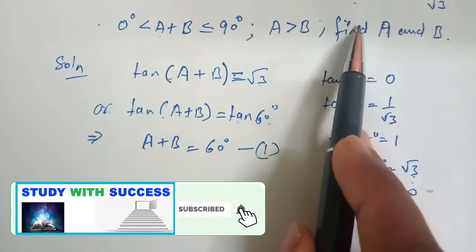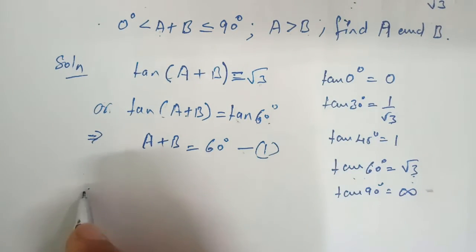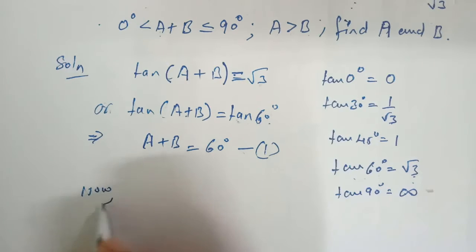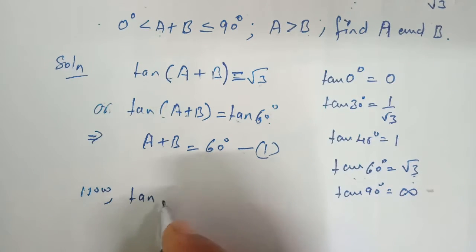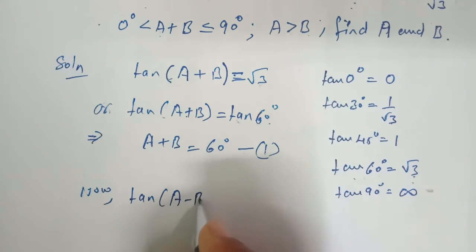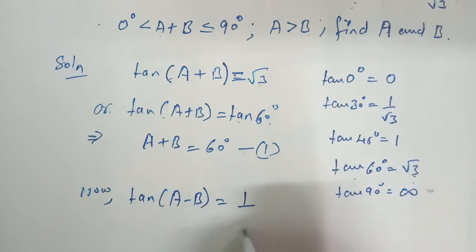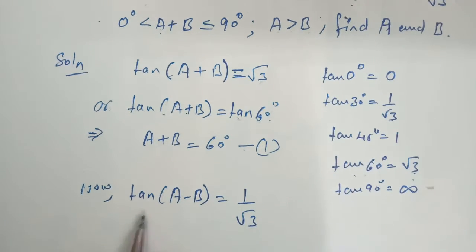This is equation number 1. Now let us move to the second condition, in which it is given tan(A minus B) is equal to 1 upon root 3. Again on the left hand side we have the trigonometric ratio tan, so on the right hand side we have to find the trigonometric ratio tan only, at which the value is 1 upon root 3.